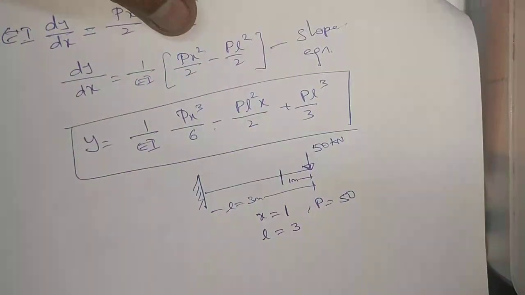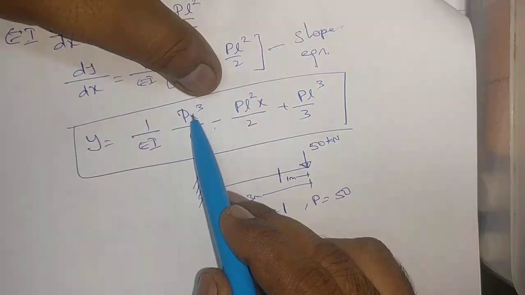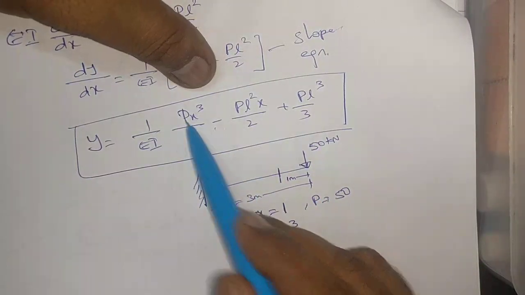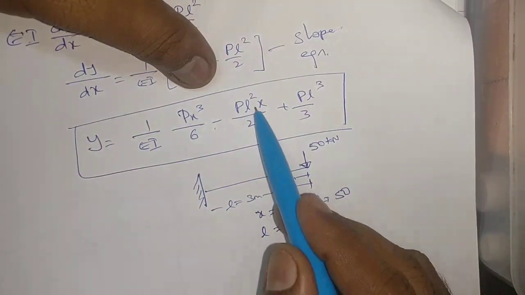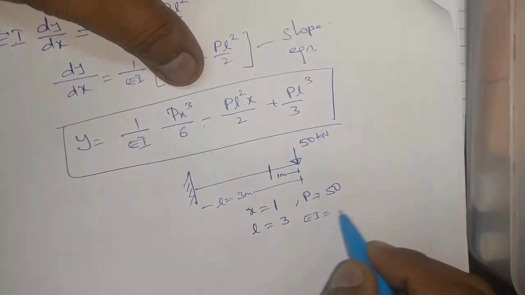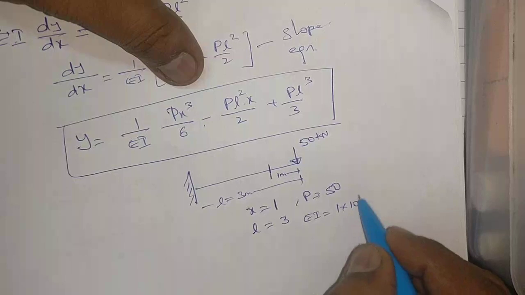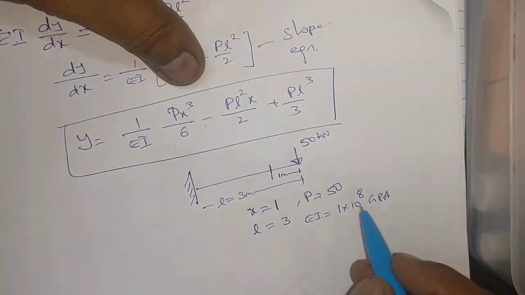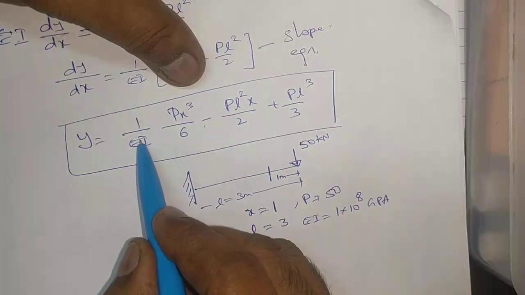So you substitute x is equal to 1 here, P is equal to 50 and L is equal to 3. For example, if EI is given as 1 into 10 to the power of 8 GPa, you have to substitute this in place of EI.